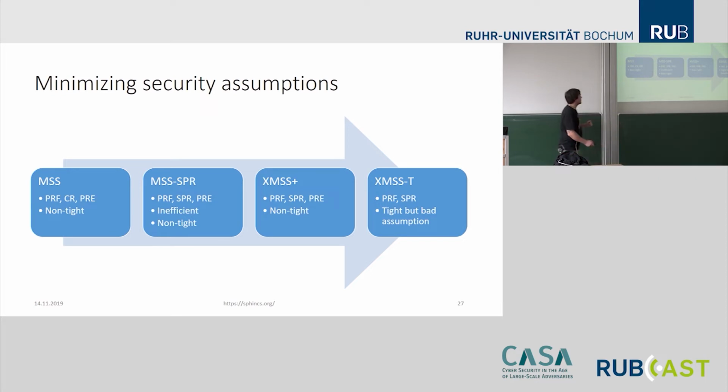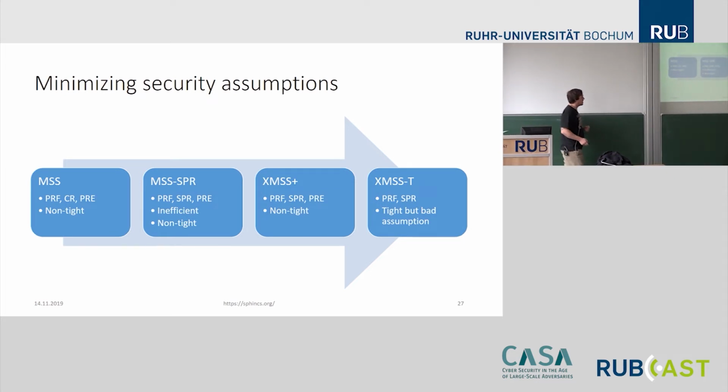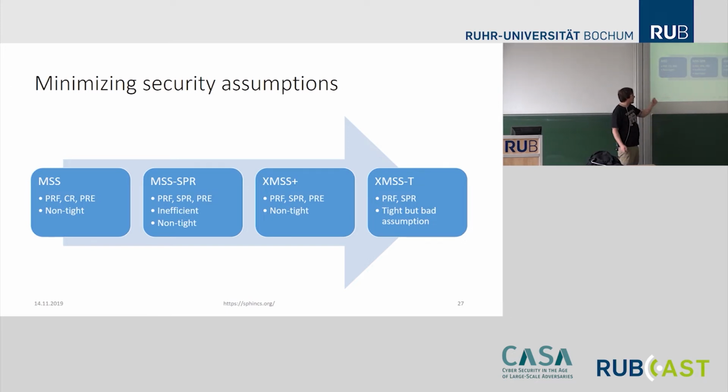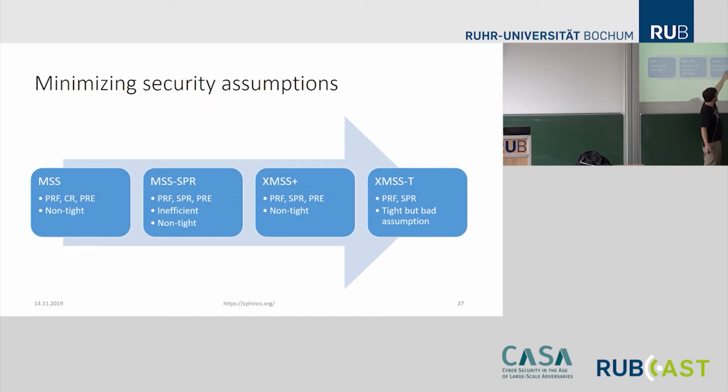But the scheme was pretty inefficient, so they really used the Lamport scheme that I introduced in the beginning, and the proof was non-tight. For XMSS, we changed this a bit and came up with a scheme which was more efficient than MSS-SPR, but otherwise had the same properties. And then for the scheme that we've got described in the RFC, we moved to something where we don't need the preimage resistance anymore.